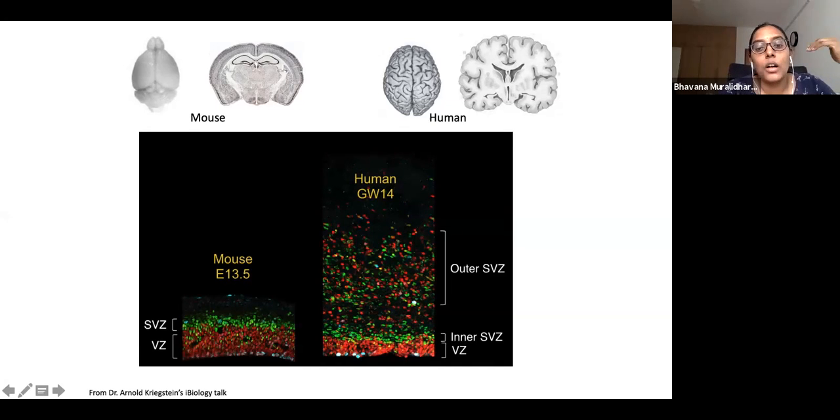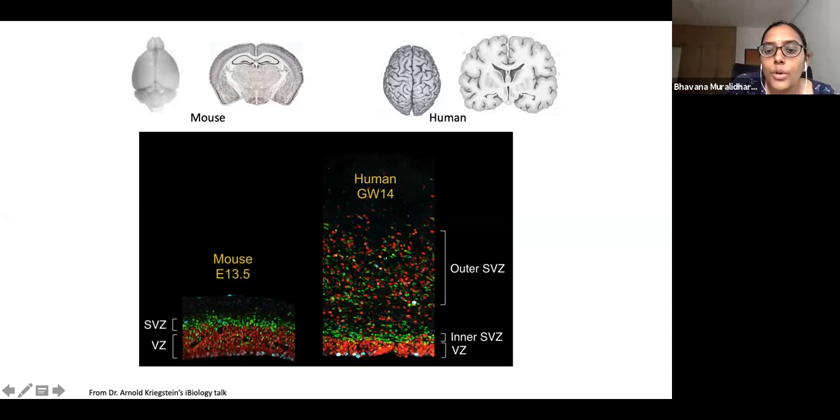Now, the mouse also has outer SVZ. It does not have it across the entire brain. It only has it at certain regions, like the medial, and you really need to look for those ORGs in the mouse brain. But what it tells you is that ORGs did come up in evolution in the mouse and then got expanded in the humans.